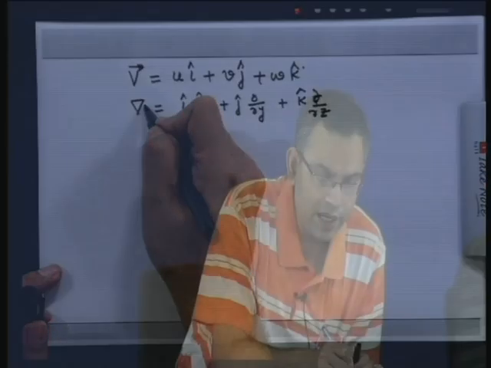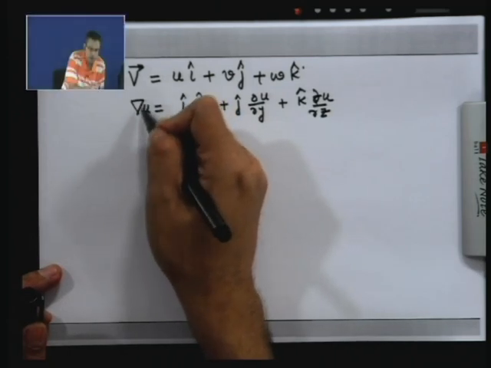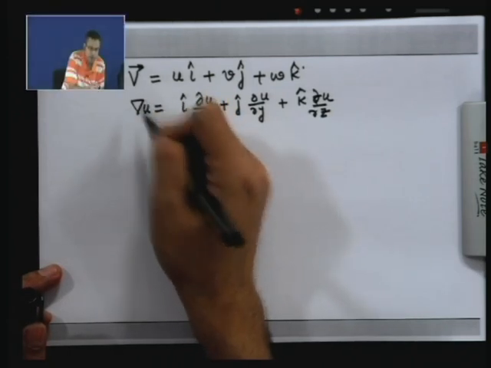So del of u, grad of u becomes i del u del x, j del u del y, k del u del z. So that is how you can make any operation on del.